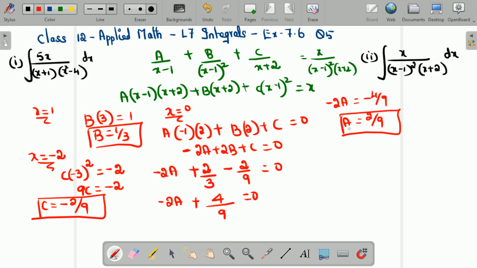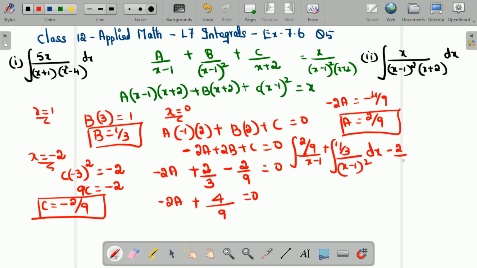Now that we got all the values, let's do integration. So this is going to be integral of 2 by 9 divided by x minus 1, plus b's value is going to be equal to 1 by 3, so plus 1 by 3 divided by integral of x minus 1 the whole square dx. Then this is going to be plus c. So I'm going to directly take the sign outside.